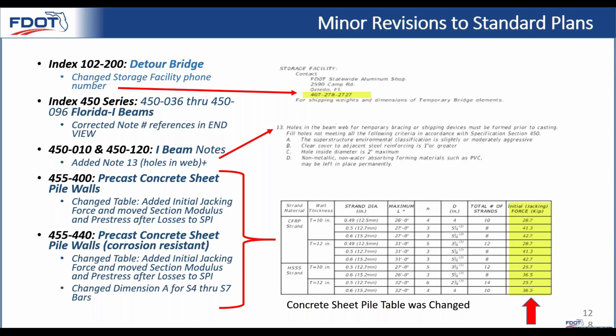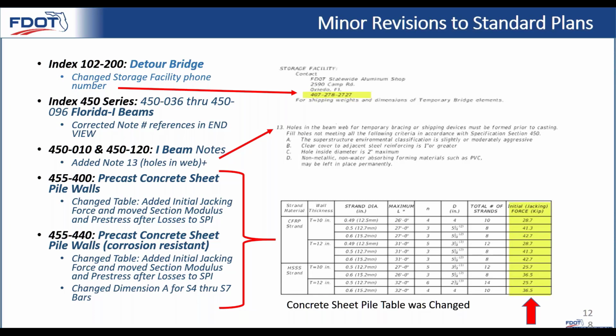Additionally, on concrete I-beams, the correct notes were on the sheet, but some of the references were incorrect, so we fixed those. And a note was added to this release regarding holes in the beam webs for temporary bracing or shipping devices. These holes must be formed prior to casting, as always, and past practice would require all holes to be filled. Now, if they meet the listed criteria, the holes may remain open.